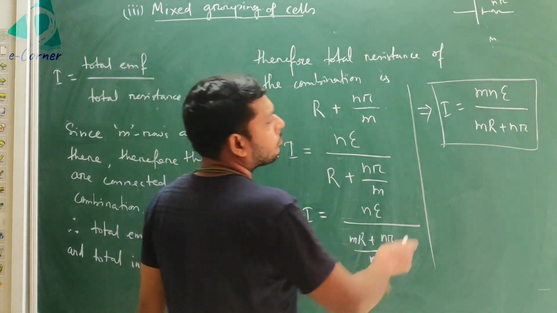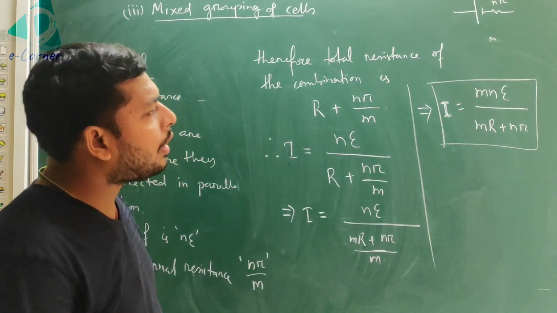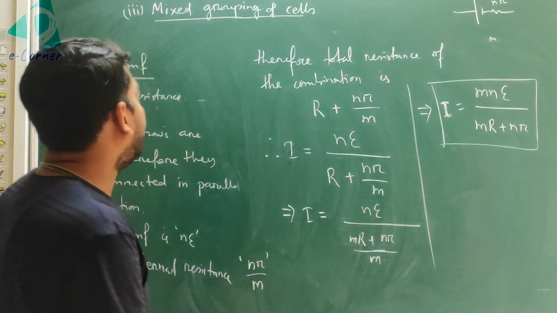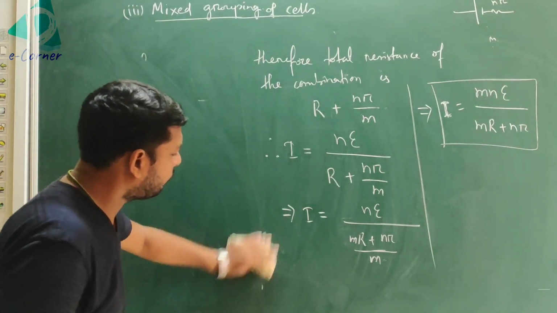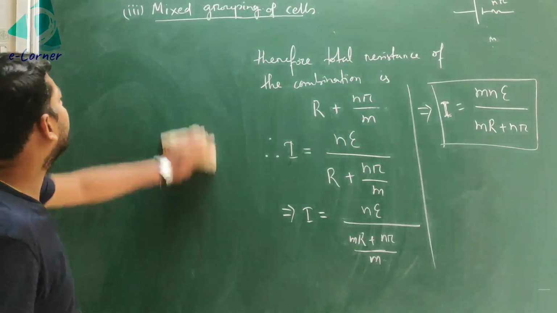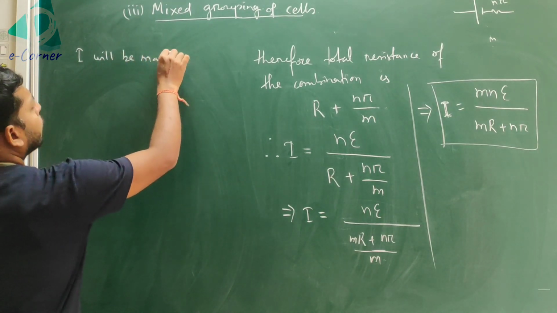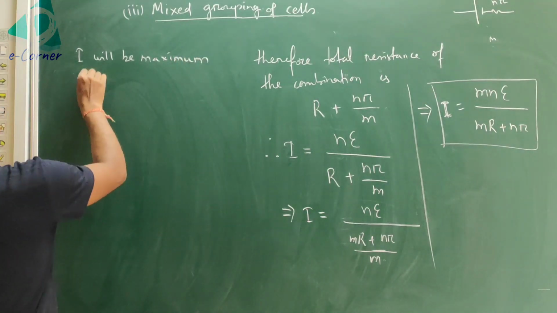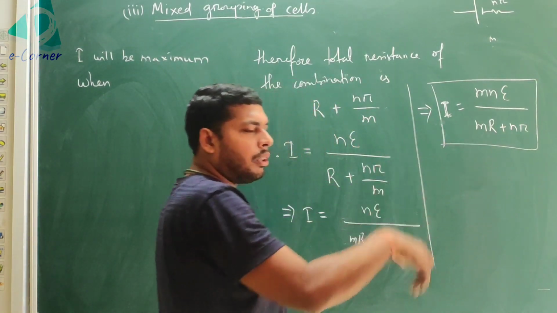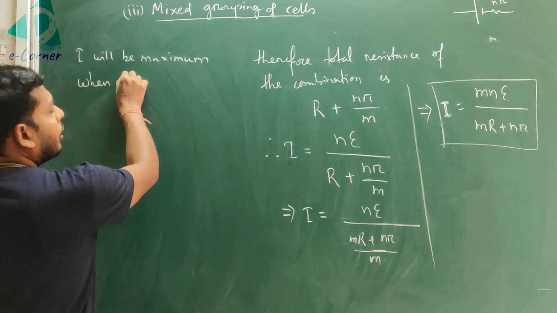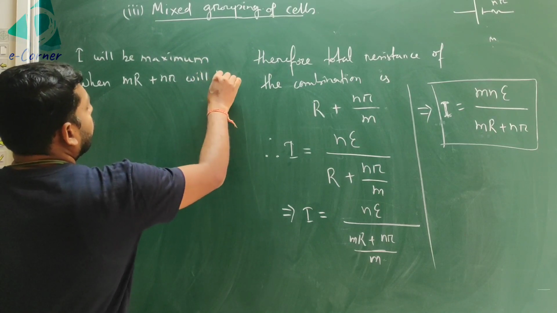Now can we say at which condition this current will be maximum? When can the current be maximum? Got it? That is a special case we will consider. The current I will be maximum when the denominator is lesser and lesser, when mR plus nr will be minimum.